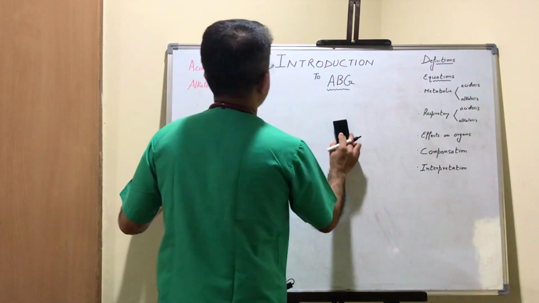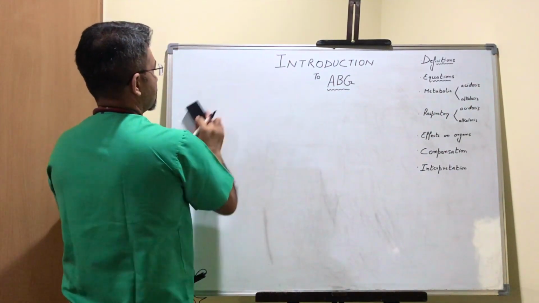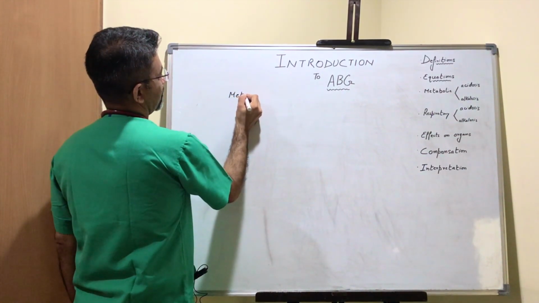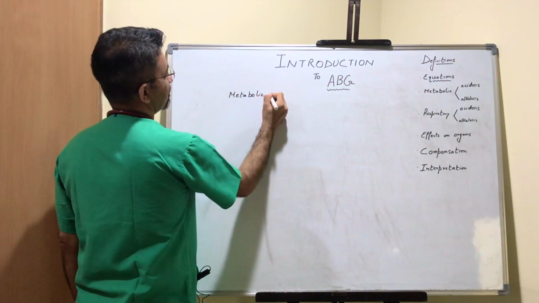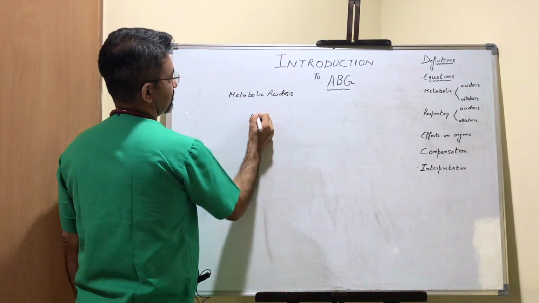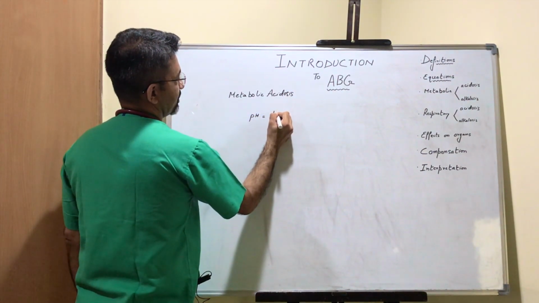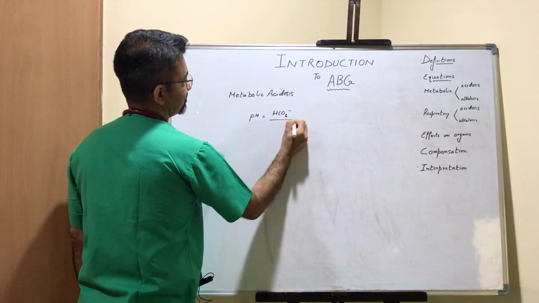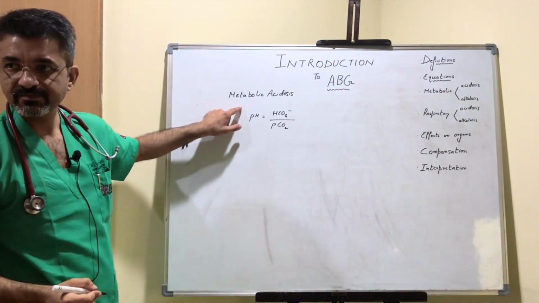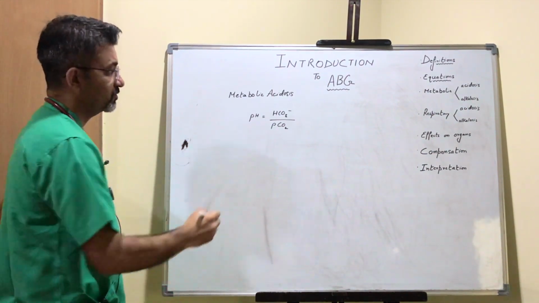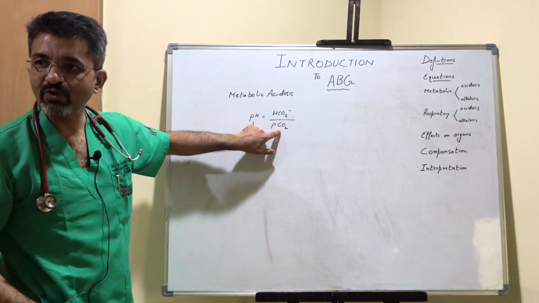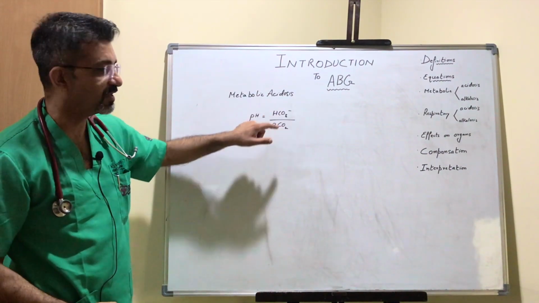Now we'll touch metabolic acidosis. So we use our HH equation: pH equals HCO3 divided by partial pressure of CO2. Acidosis means pH is decreasing. pH is going down. Suppose I keep my PCO2 constant. So what should go down? HCO3.